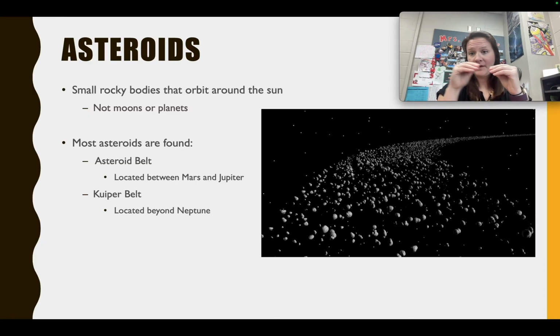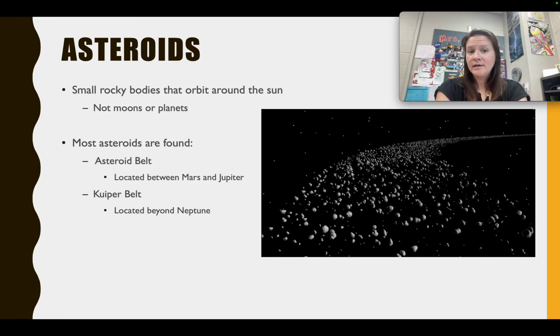If they bump into each other, one could get ejected out of its orbit, in which case, especially if it's going inward towards where the Sun is, it could cross our path. So we track all that. NASA knows exactly what is coming near to Earth as far as asteroids.